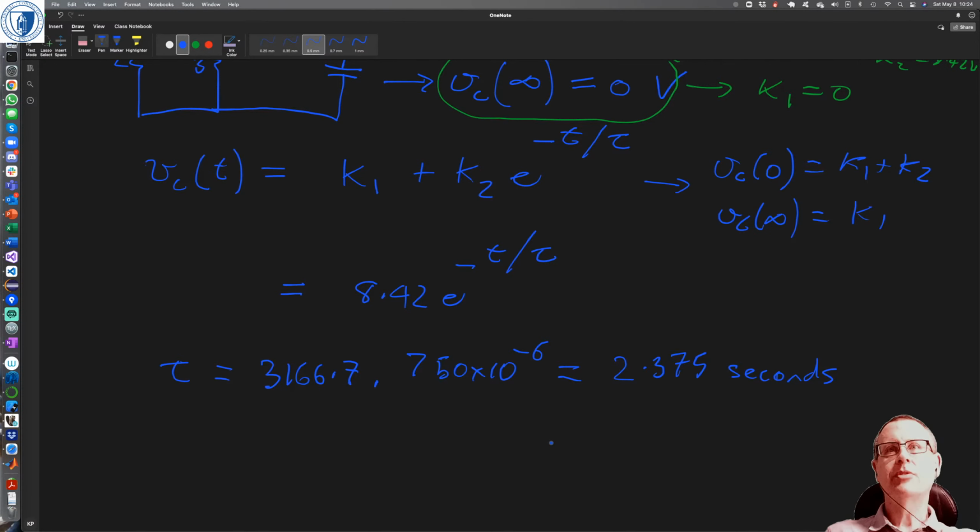So I can plug that back in, so it should be 8.42 e to the minus t on 2.375. Let's see if that works. I don't know whether I've got enough significant figures.